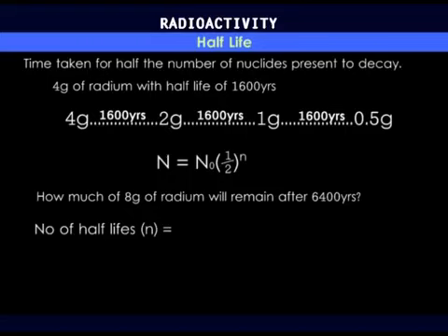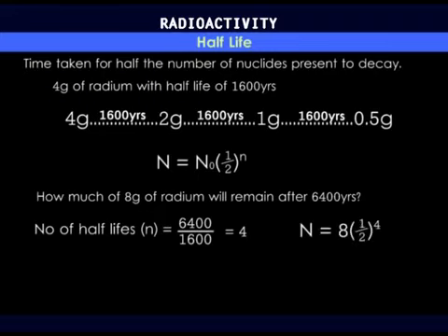One half-life is 1,600 years, so 6,400 years is equal to 4 half-lives. That is simply 6,400 divided by 1,600. So N is equal to 8 times a half raised to 4. N is equal to 8 times 1 over 16, which is equal to 0.5 grams. This is the amount that will be remaining after 6,400 years.